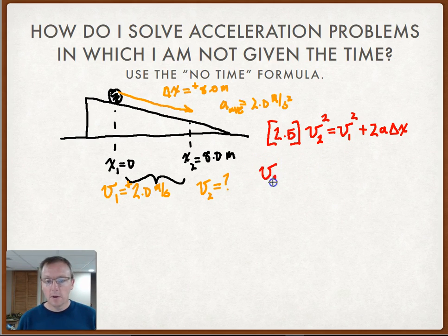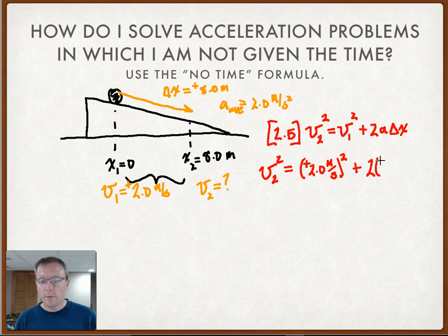V sub 2 squared is equal to, and I'm going to have to take away that squared at some point, so just keep that in mind, is equal to our initial speed, our initial velocity squared, so positive 2.0 meters per second squared, plus 2 times positive 2.0 meters per second squared times 8 meters.